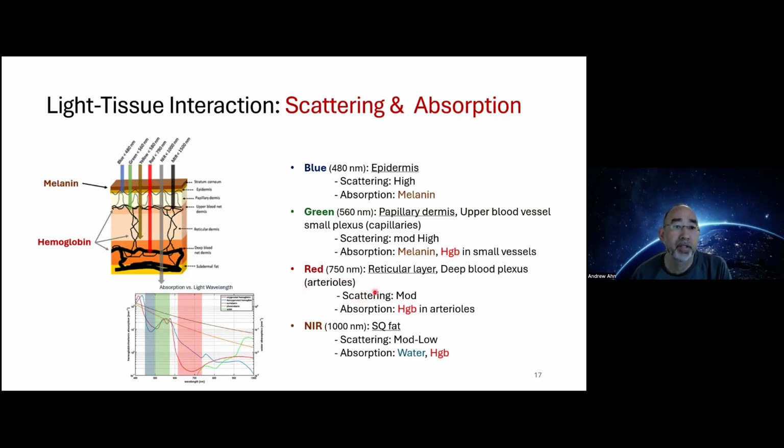For red light, the scatter is moderate, and so it can reach the deeper levels, particularly the reticular level, where you have the deep blood vessels and arterioles, and thus the absorption of red light is dominated mostly by hemoglobin. And for near infrared, as mentioned before, it penetrates the deepest because it has the lowest amount of scattering, and it gets mostly absorbed by water and hemoglobin.